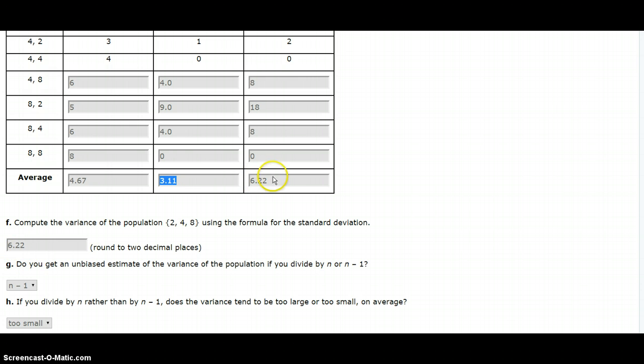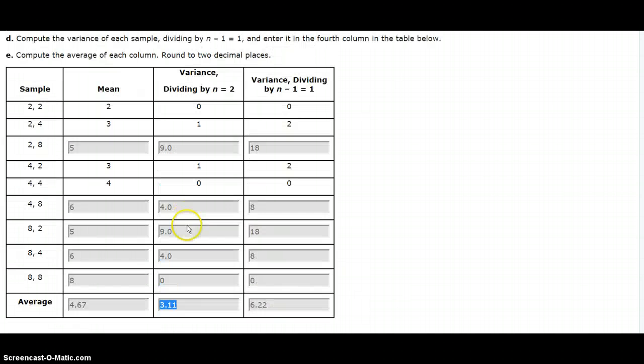Okay, so again, these are based on samples of size 2. This is the actual population variance. In other words, this is the parameter that we're trying to estimate, and these are the estimates that we're getting based on the sample.